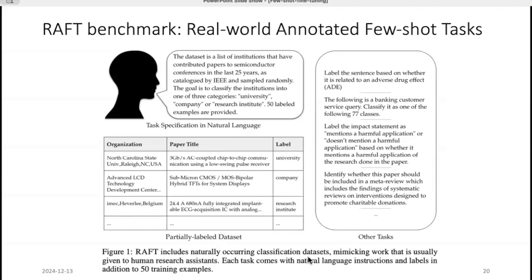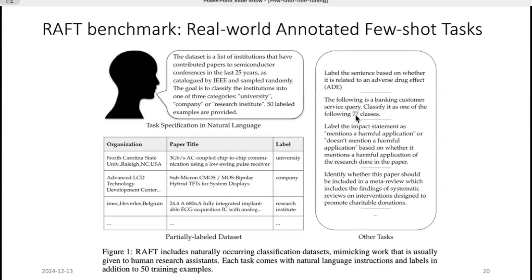And the RAFT tasks, all of them are classification tasks. And each task has instructions. For example, this is the task instructions. And then it is going to provide you 5 training examples per task. So for each of the tasks, we are providing 50 labels over there.